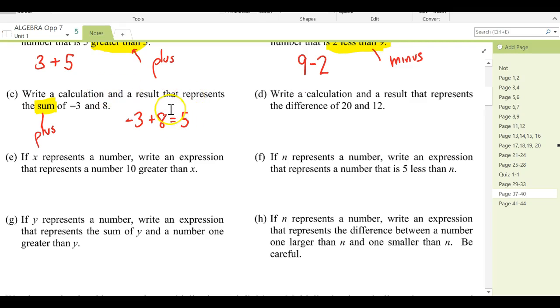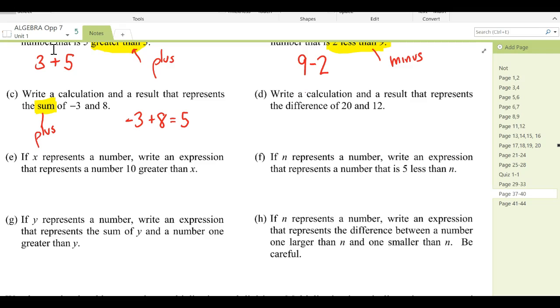You say plus. Now here's what I'm saying. As much as I think it's important, I think you can handle doing mental math. When I have negative 3, that's like me owing $3. And I do plus 8, I get $8.